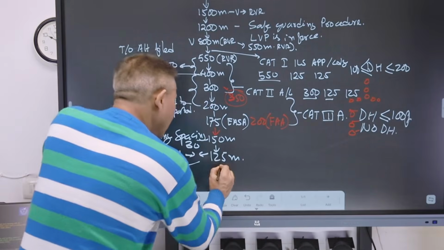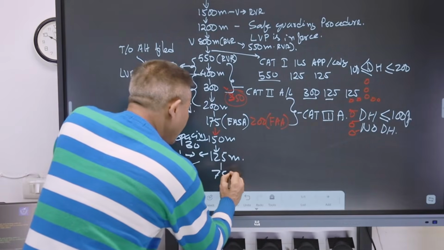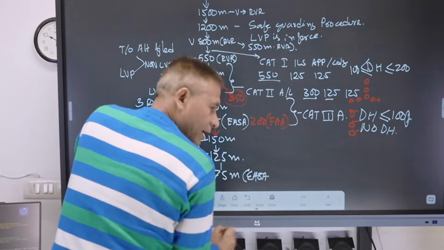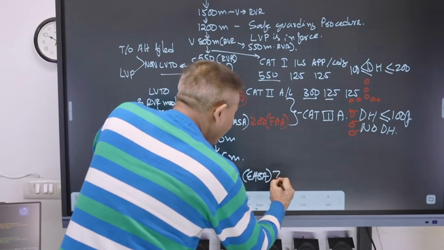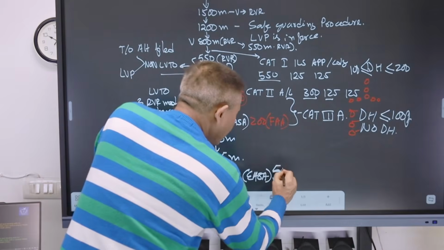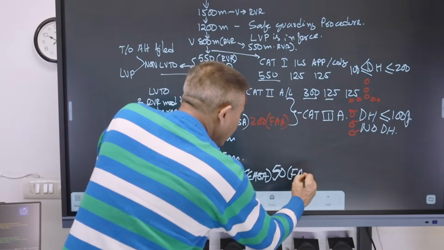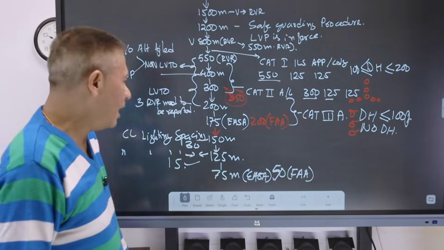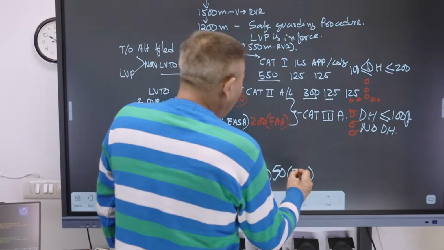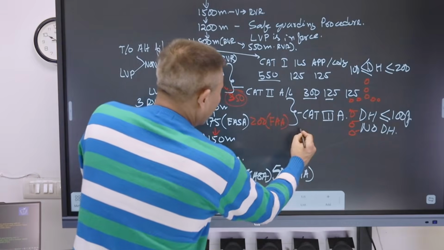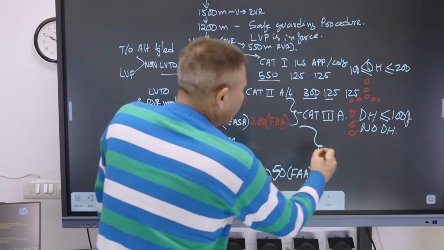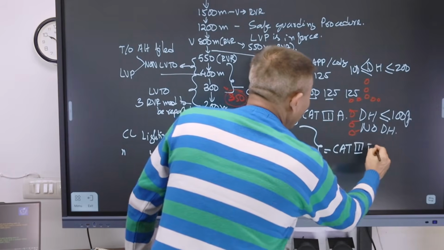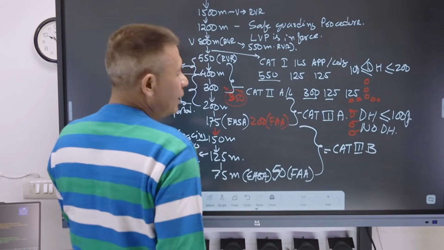Now, if I drop it further, this is 75 meters for EASA once again, like Airbus aircraft, and 50 meters for FAA rules, like if you are on Boeings. Up to this RVR, from right down from 175 up to this, I can carry out a category 3 Bravo.